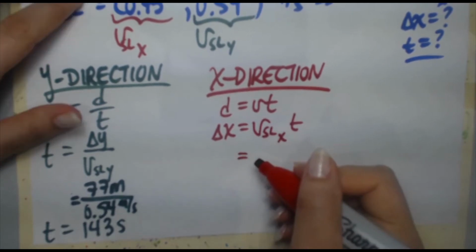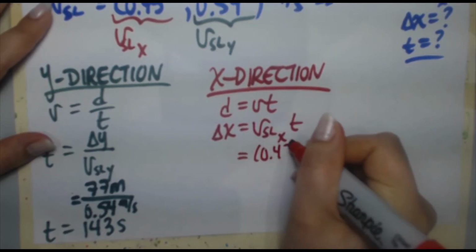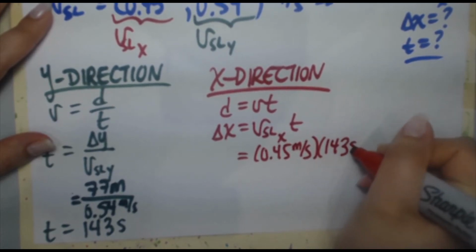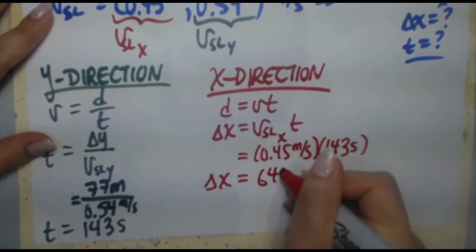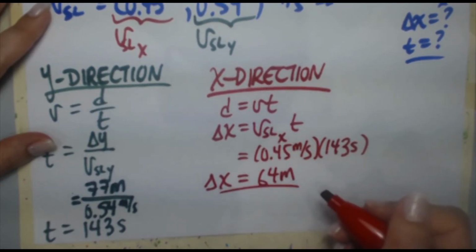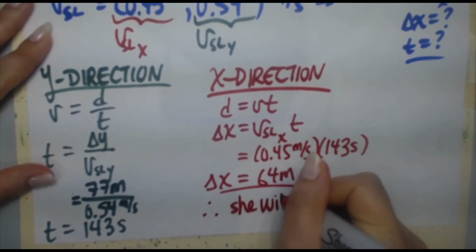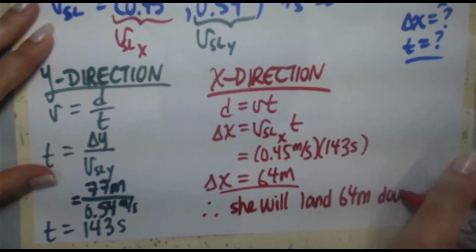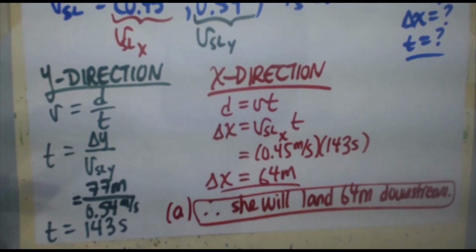Okay, so our x component of speed is 0.45 meters per second. The time is 143 seconds. And when you calculate this out, you're going to get delta x equals 64 meters. Okay, so therefore, she will land 64 meters downstream. And that is the answer to part A.